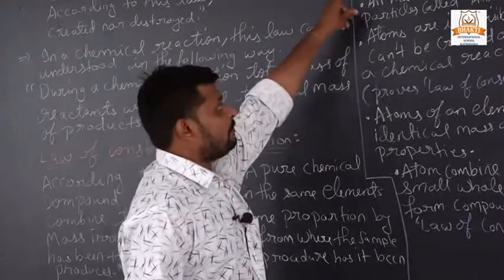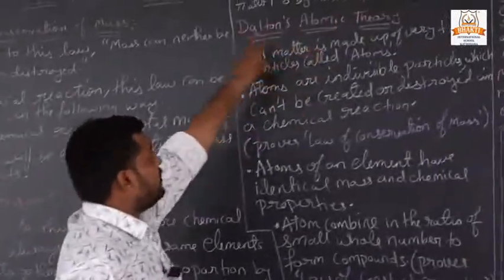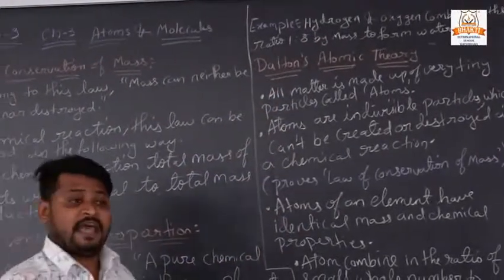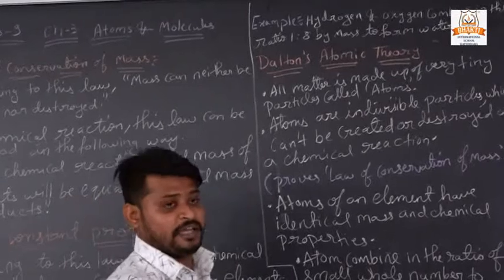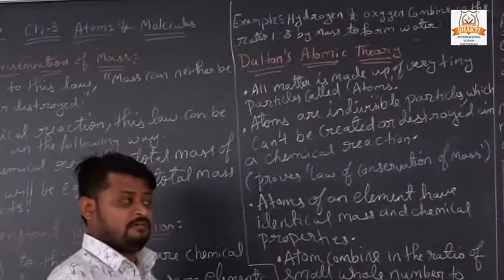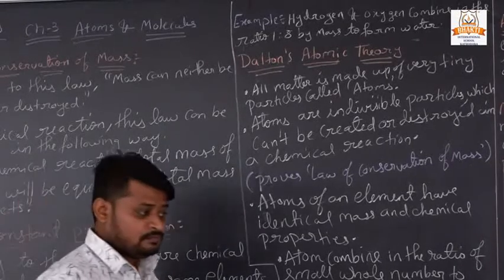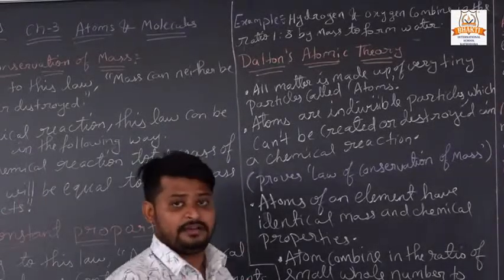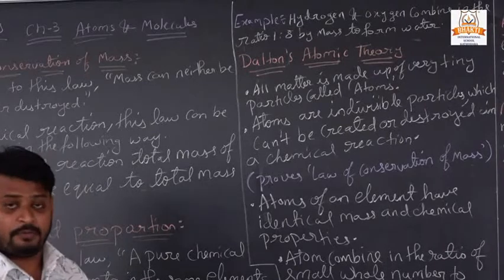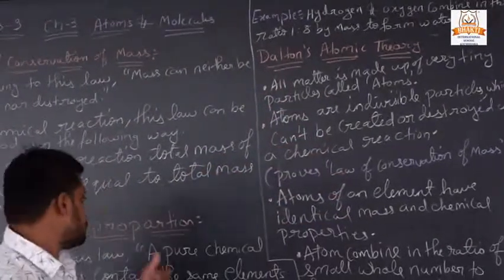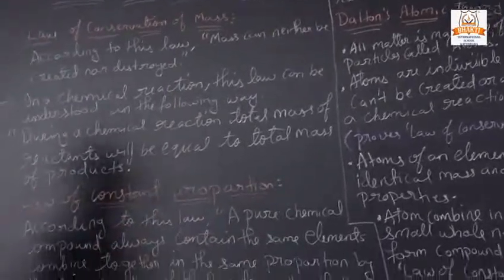Here is an example: hydrogen and oxygen combine in the ratio 1:8 by mass to form water. Anywhere we take water from, whether sewage water, sea water, river water or ponds, the proportion of hydrogen and oxygen is always 1:8. That is the law of constant proportion.